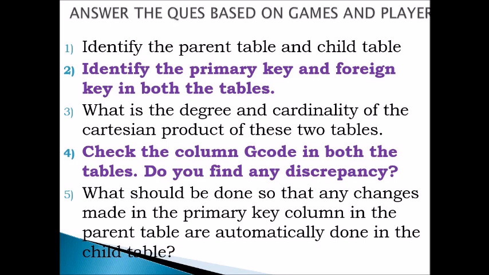What is the degree and cardinality of the Cartesian product of the tables? Check the column G code in both the tables. Do you find any discrepancy? What should be done so that any changes made in the primary key column in the parent table are automatically done in the child table? So these are the commonly asked questions in your examination.